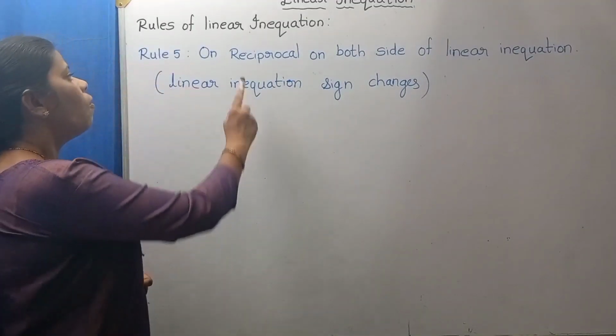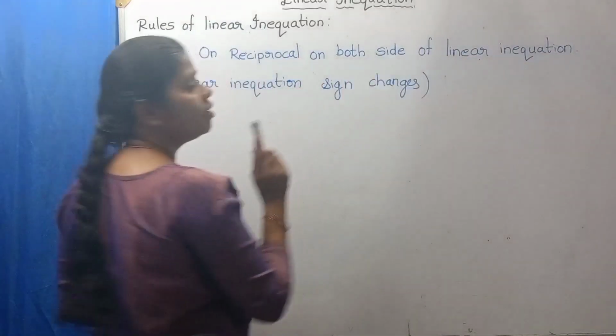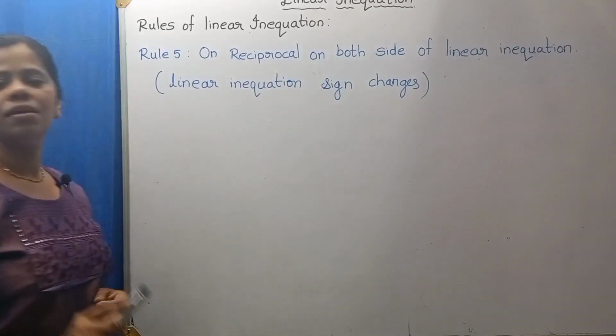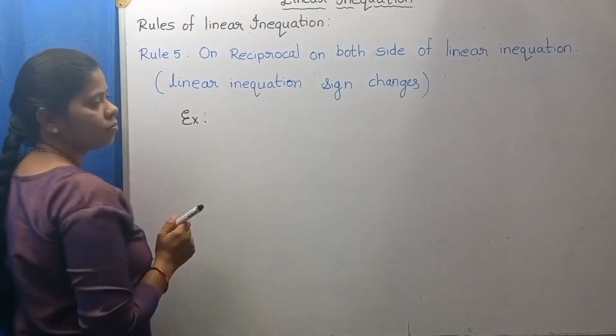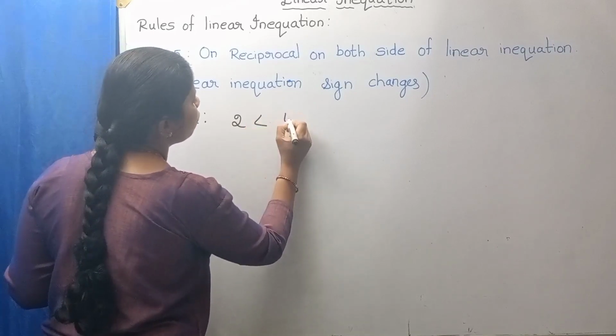Rule 5: Take the reciprocal on both sides of linear inequation, then the inequality sign changes. Let me give the example. Say 2 is smaller than 4, isn't it?